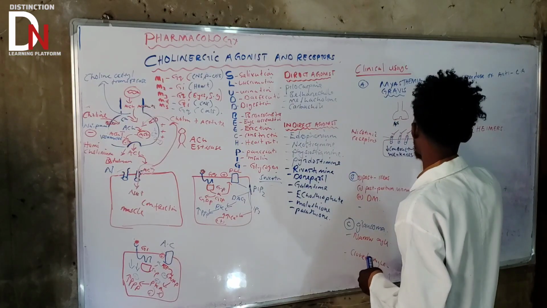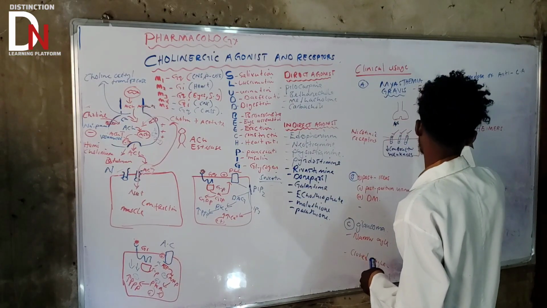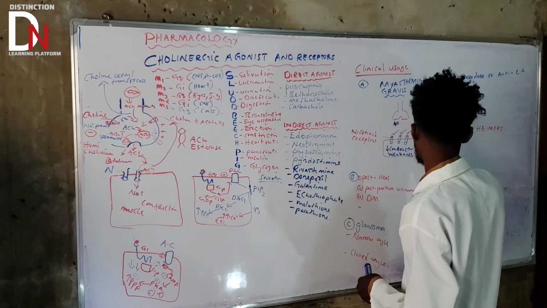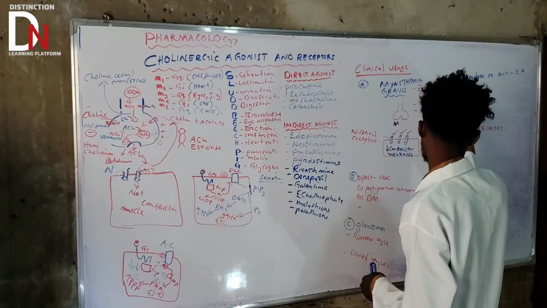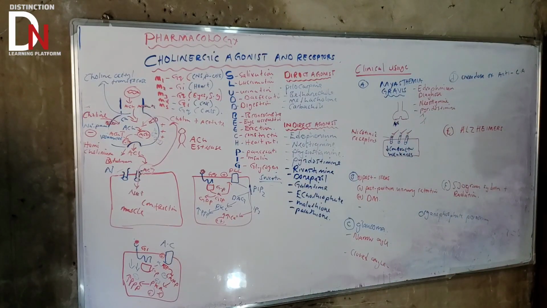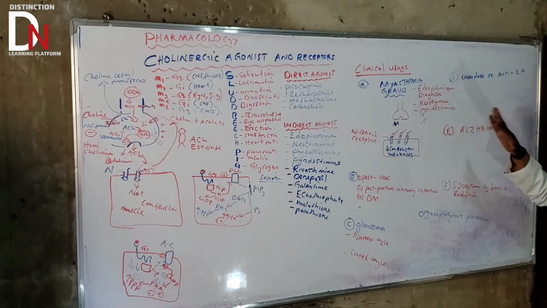Now there is also another one, neostigmine, and pyridostigmine, and rivastigmine. Pyridostigmine and neostigmine are the important drugs used in the treatment of myasthenia gravis.